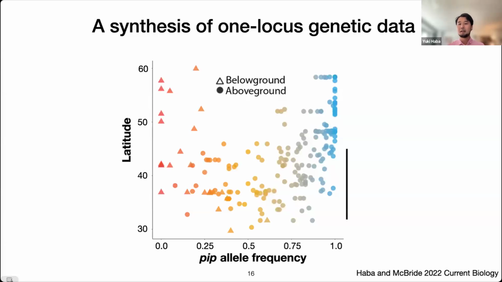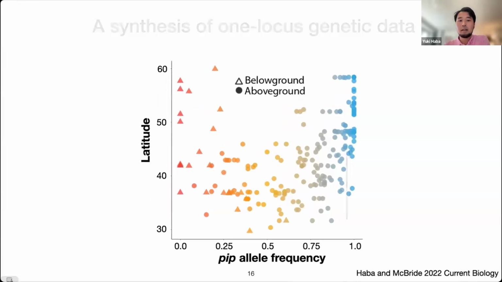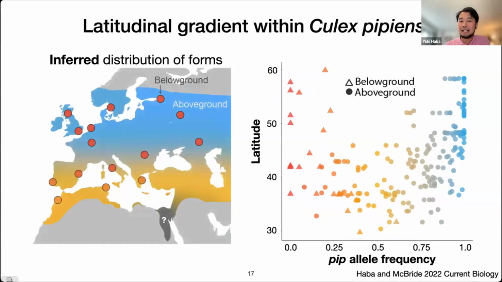At the southern edge, the above and below ground populations do not look different with respect to this marker locus. So our synthesis of existing data revealed a surprisingly clear genetic latitudinal gradient within populations across Europe and North Africa. That is, the stereotypical dichotomy of above ground pipiens and below ground molestus is only true in the north, but it breaks down in the south.